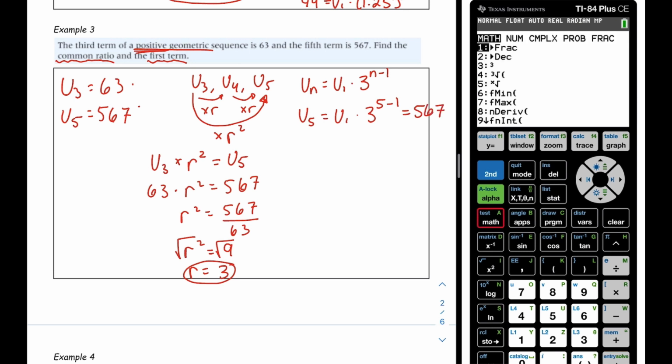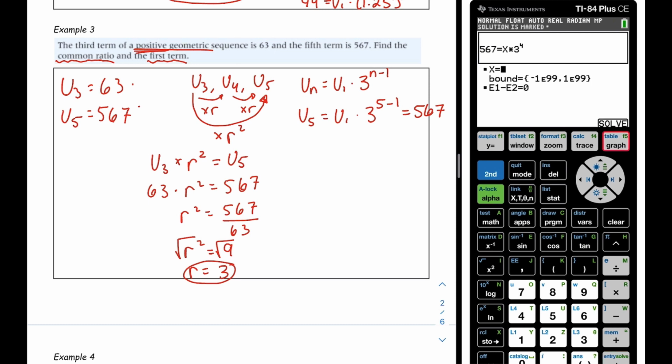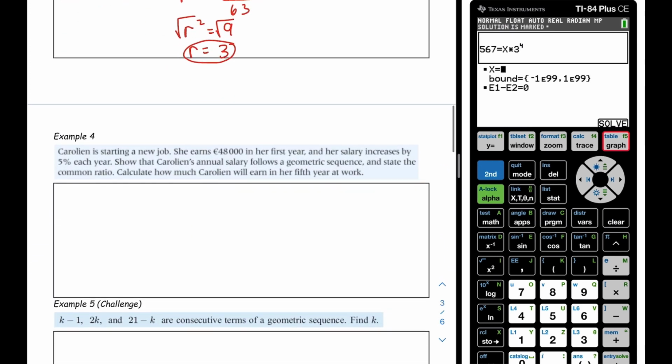So I'm going to go into numeric solve to find the first term. So we have x times 3 to the power of 5 minus 1, which is just 4. And I get that u1 is equal to 7. Okay, let's do another example.